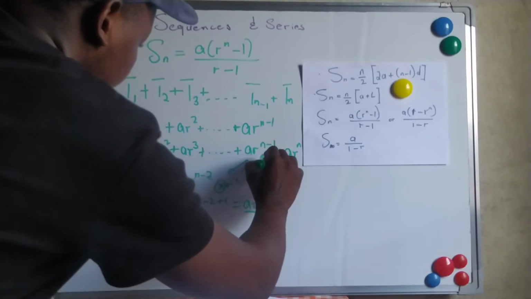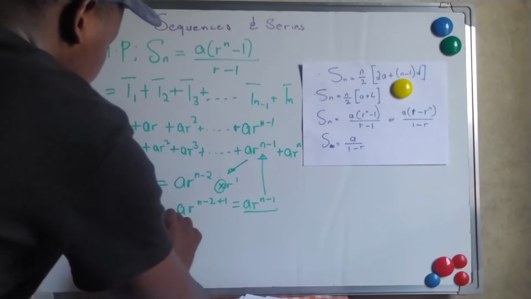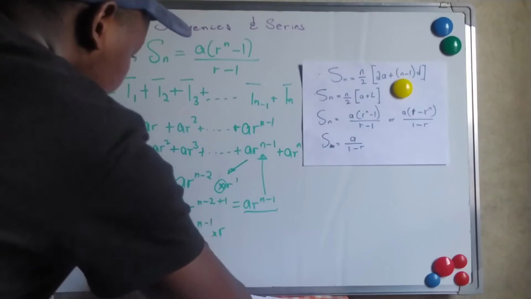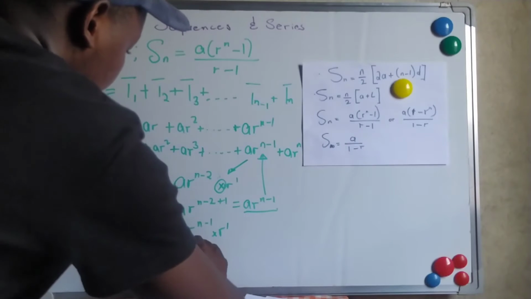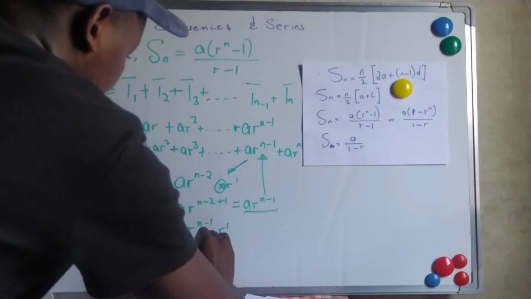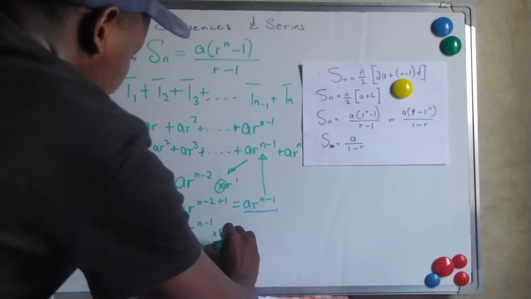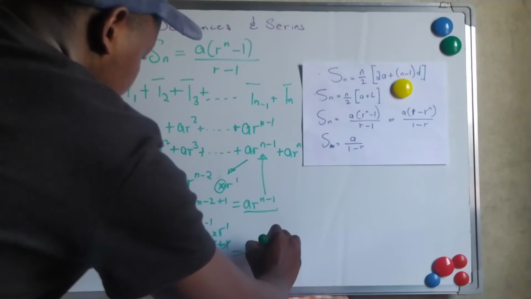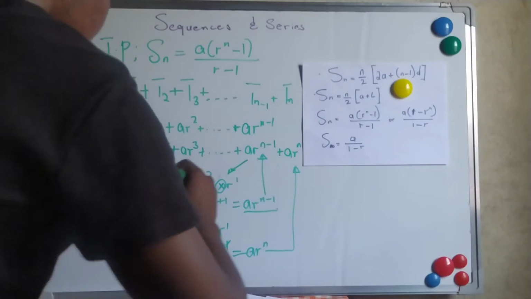And for the last term, we have ar to the n minus 1 multiplied by r, which is r to the exponent 1. Then it's ar to the n minus 1 plus 1, and this is ar to the exponent n.